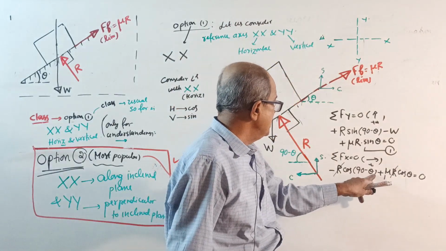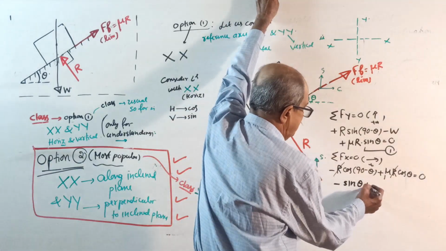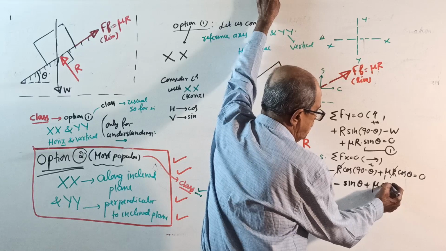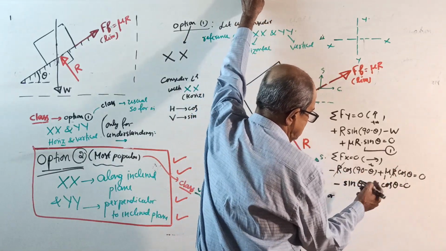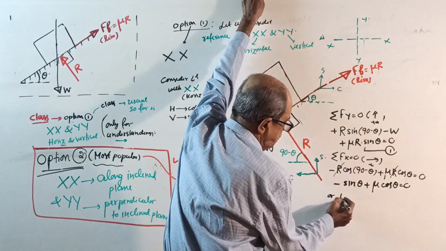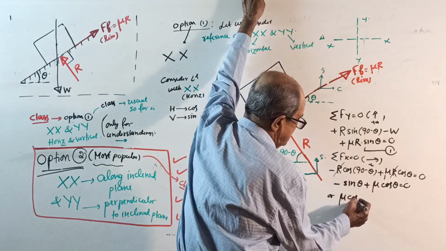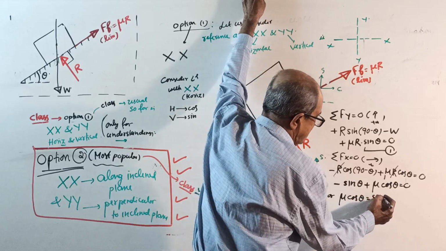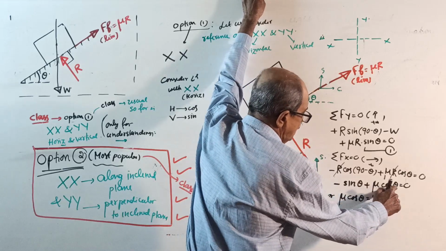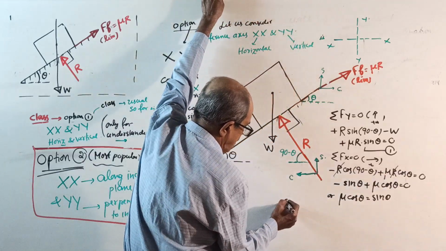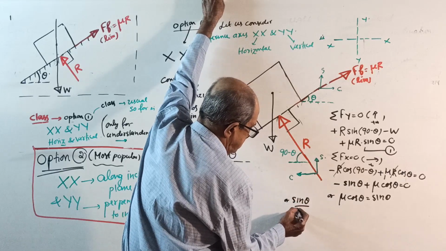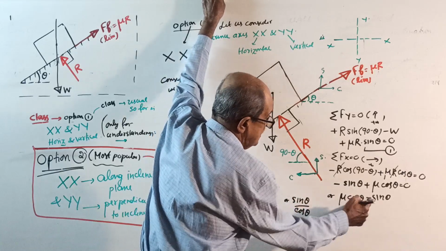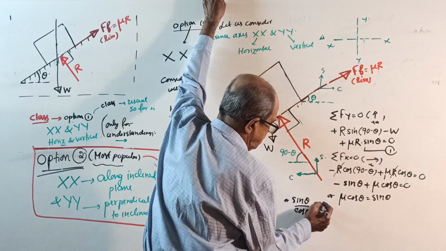So minus sin theta plus mu into cos theta equal to 0, or mu cos theta equal to sin theta, or sin theta by cos theta equal to mu.